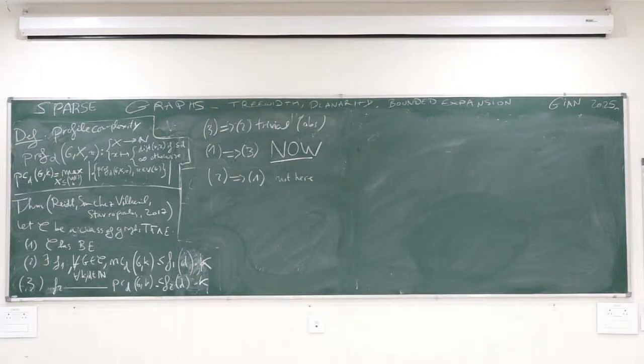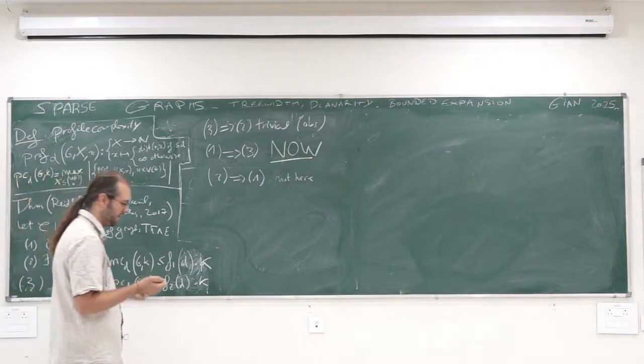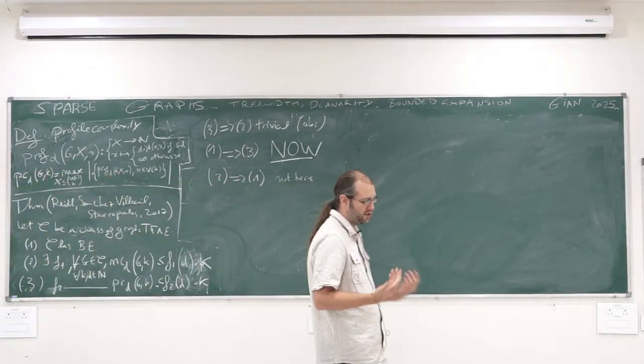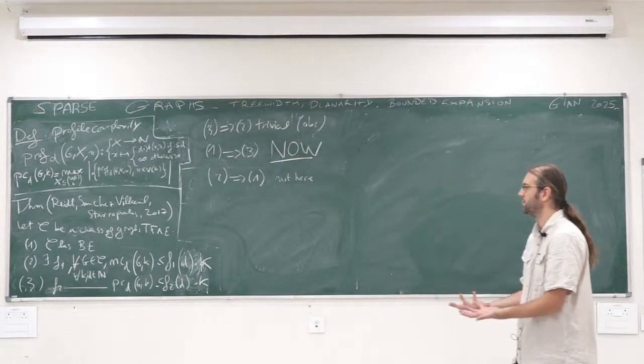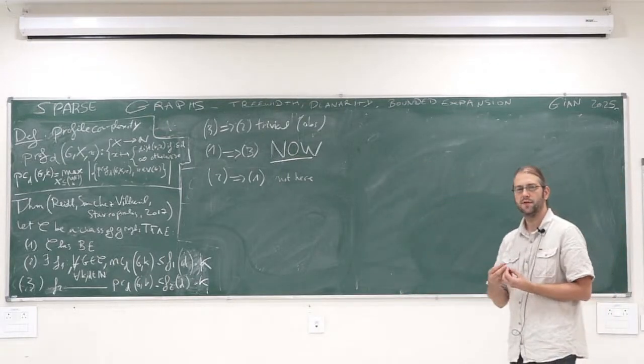But let's start with this proof. So I'm taking a graph class C of bounded expansion, and I will show that it has bounded profile complexity. To do this, I will use the weak coloring number.